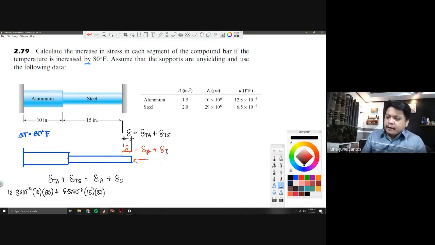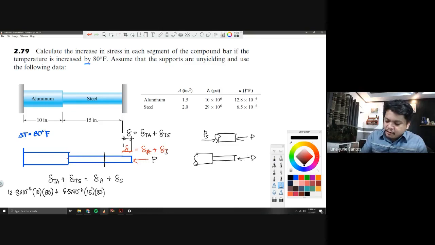Now, if I have a P here that pushes, if I'm going to cut the section on this part, okay, there. If I have a P here, so definitely here is the P. So that is your P sub S. Now, to get the aluminum, like what we did before, you will also have it as P sub A. So in short, from this diagram, our PS is equal to P, and our PA is also equal to P. Okay?